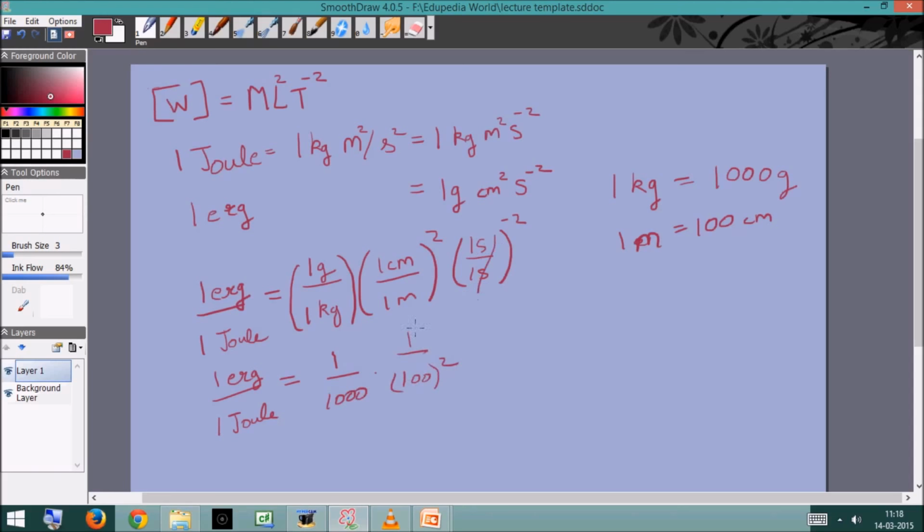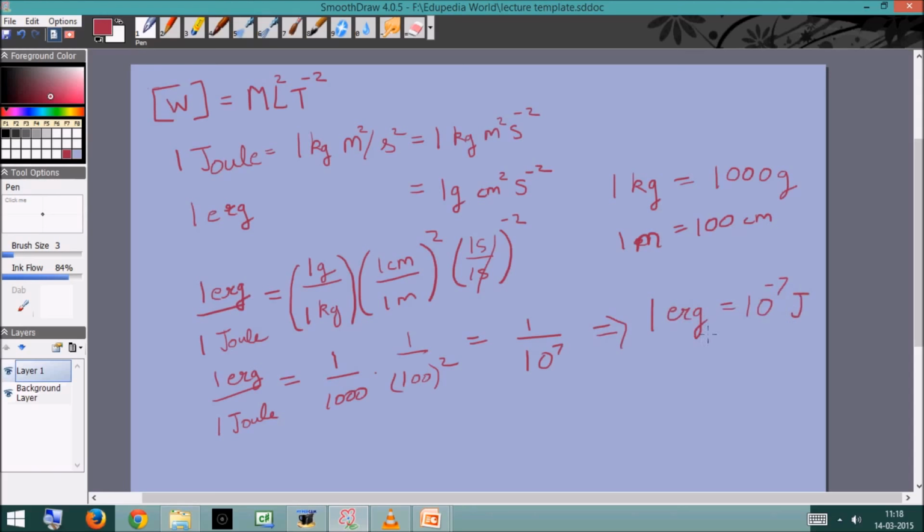These two cancel, they don't give us anything. So that is 1 by, this is 10 to the power 2 squared, so this is 10 to the power 4 and 10 to the power 3 becomes 10 to the power 7. So from this we know that 1 erg is equal to 10 to the power minus 7 joule, quite a small unit.